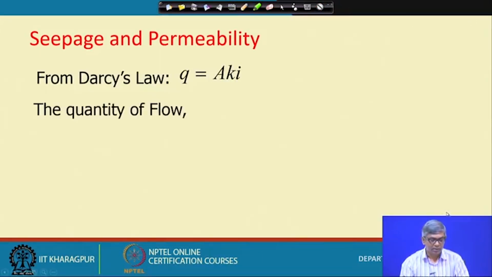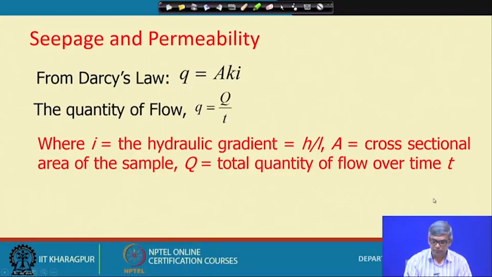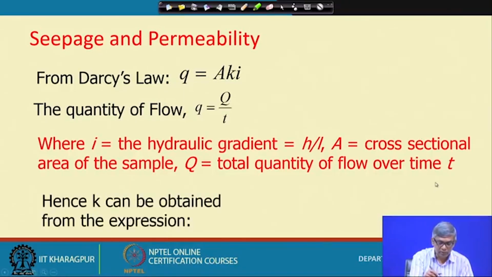You know that our equation is Q equal to A K I, where A is the cross sectional area through which flow is taking place, because V is equal to K I, and if I want to find Q, then I have to multiply by A. This is the general formula, and Q is, from the observation, the quantity collected over a time t.